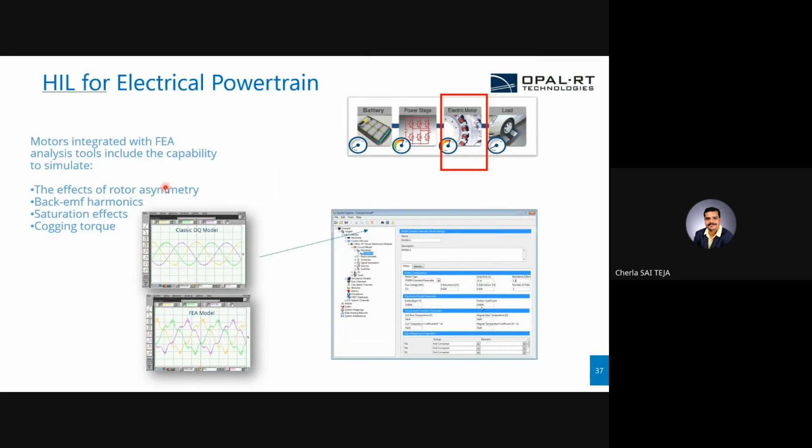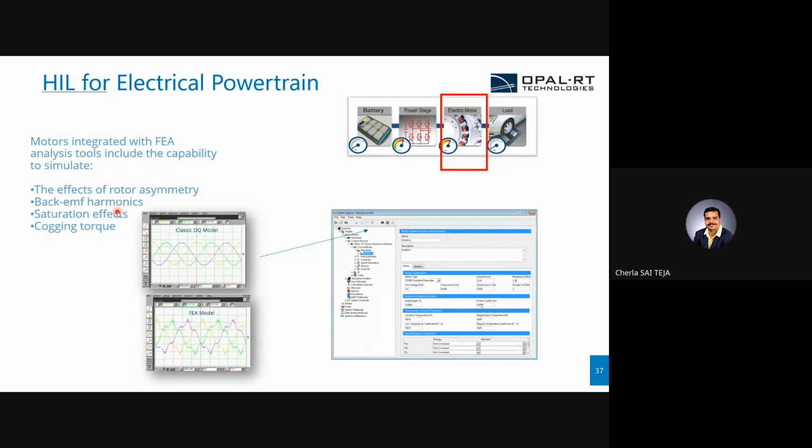The motor is a key component in a vehicle, so we have finite element analysis based solvers for specifically designing a motor. Why do we go for FEA analysis tools? There we can include the effects of rotor asymmetry or back EMF harmonics for a PMSM, saturation effects, or the cogging torque effect. In a normal machine model, we can't include all these dynamics or various asymmetries of a motor.